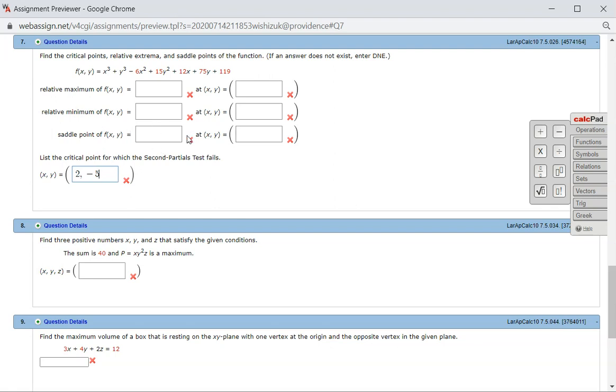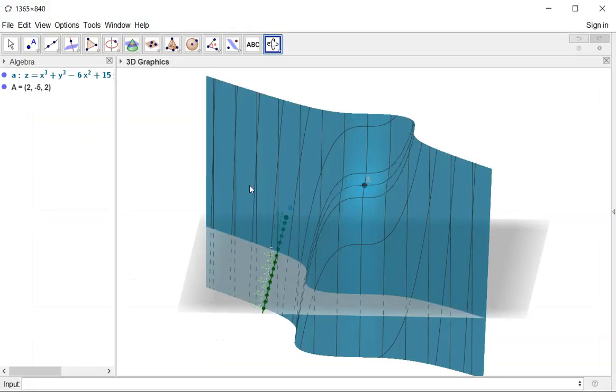So if you plug in 2, negative 5 into here, and I already computed it, actually, I'm going to cheat a little bit here. If you type it in, it's going to look like this, and the point is 2, negative 5, 2. So if you plug in 2 for x and negative 5 for y, the function comes out to be 2.